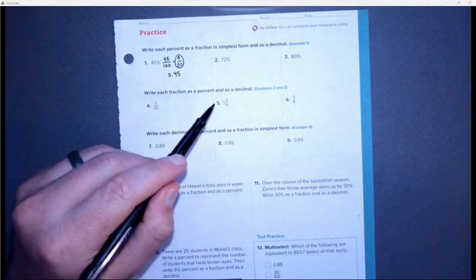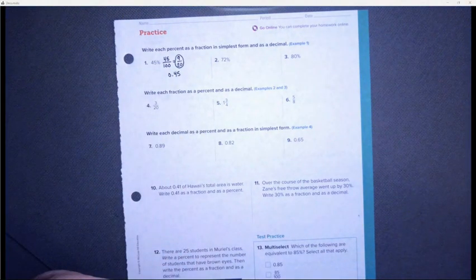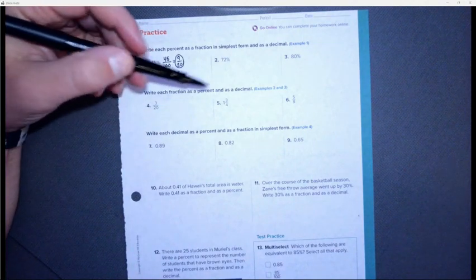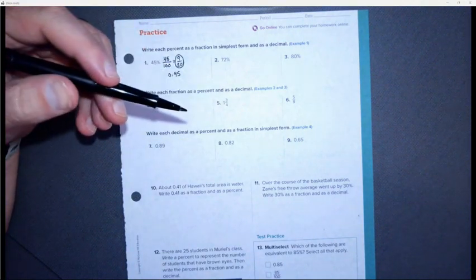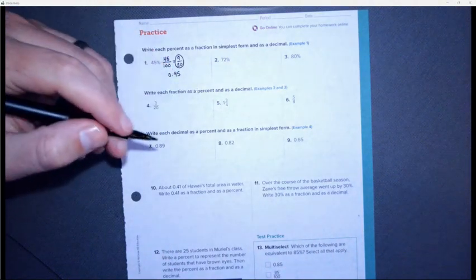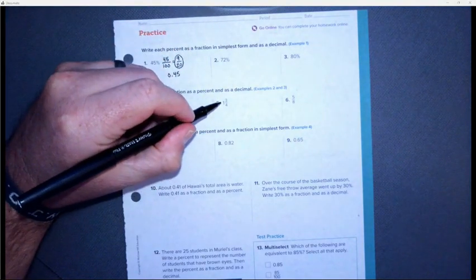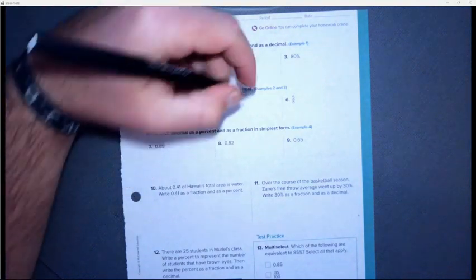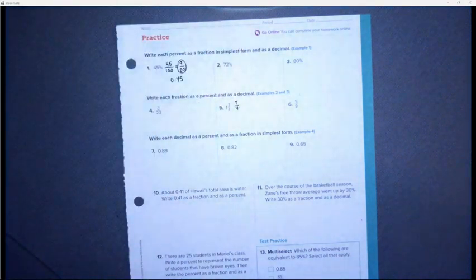Number 5 says write each fraction as a percent and as a decimal. Well, if I want to write it as a percent, I'm going to need to convert to a fraction with a denominator of 100, since it's per hundred to find our percent. So I can make this an improper fraction. 4 times 1 is 4, plus 3 is 7. So I have 7/4.